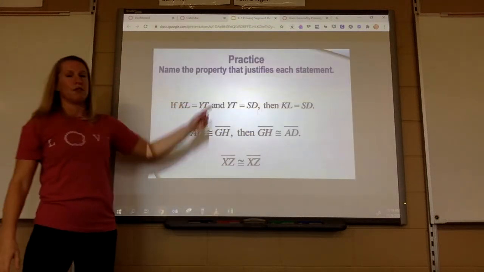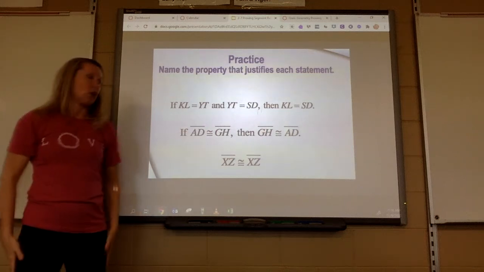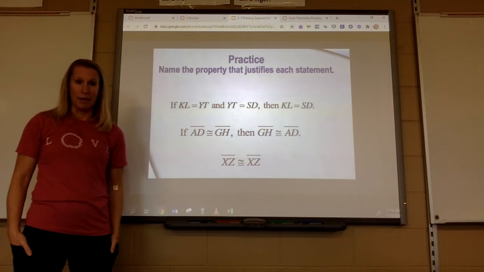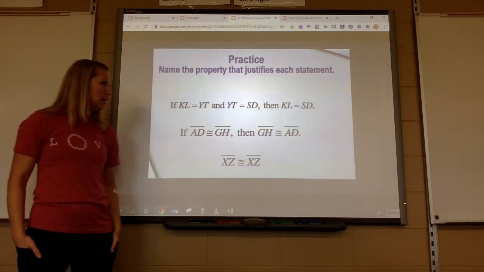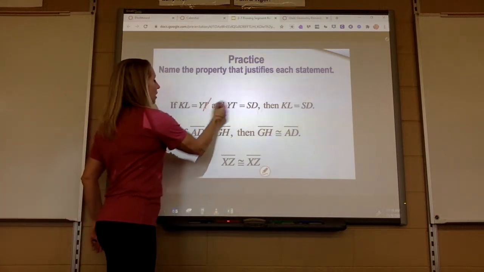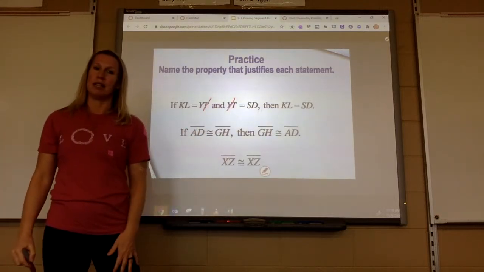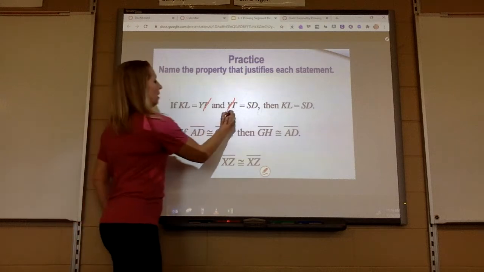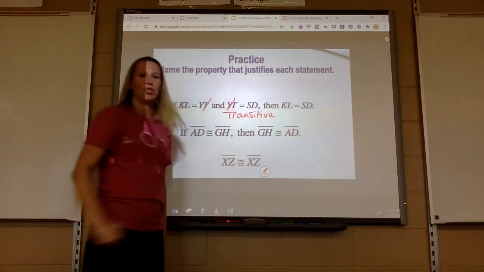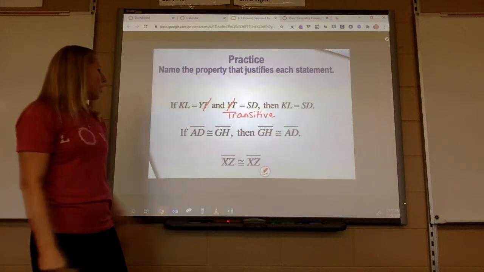So let's see if you can remember which properties these are. So let's try this one. If KL equals YT and YT equals SD, then I can take out what's repeated and say KL equals SD. So which property is that? I hope you said transitive property. Transitive property.